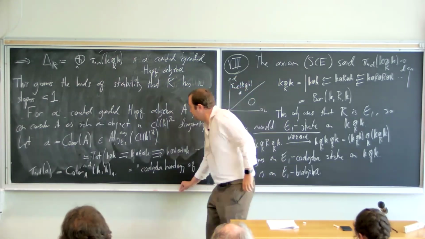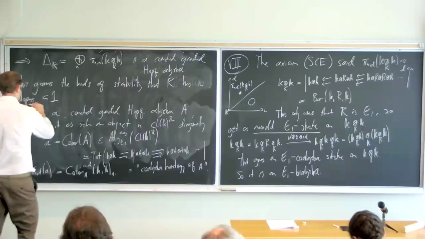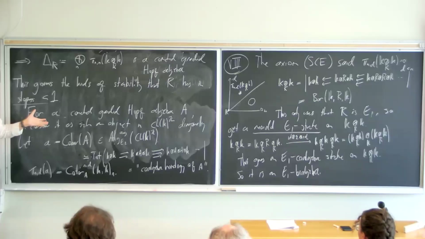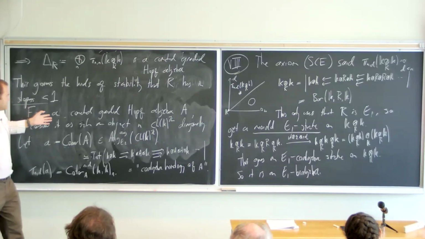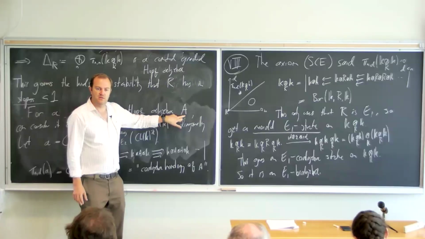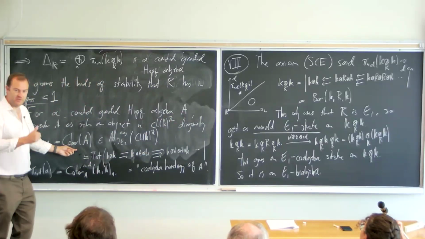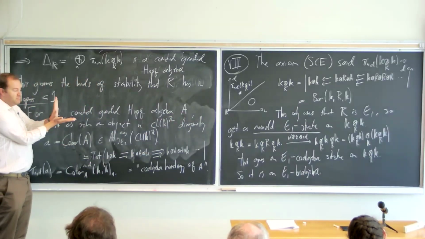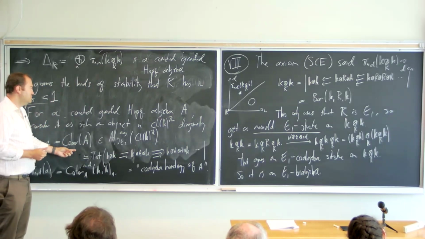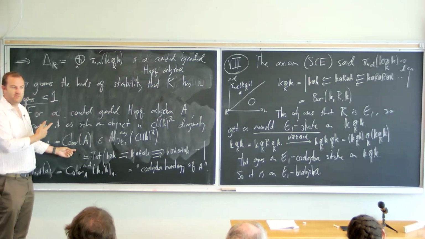So incidentally, from here downwards, I've just explained an enormous supply of examples of E2 algebras that satisfy my axioms. As long as A also has finite type, then this cobar will be supported in the first quadrant, so it will be connective. It will be finite type if A has finite type.